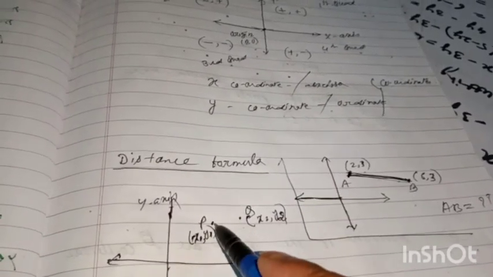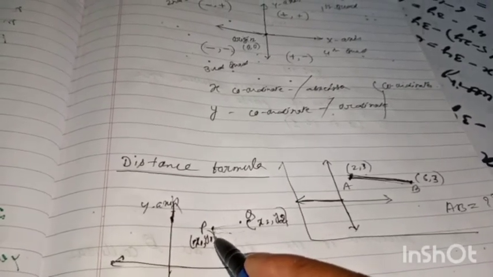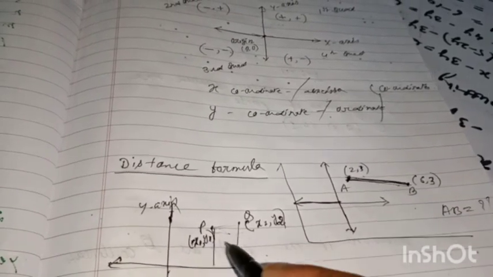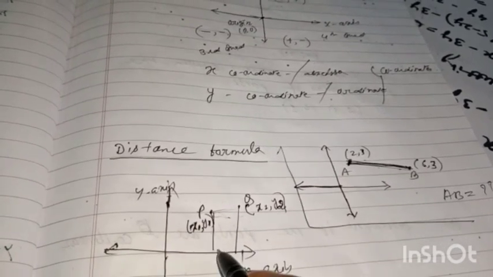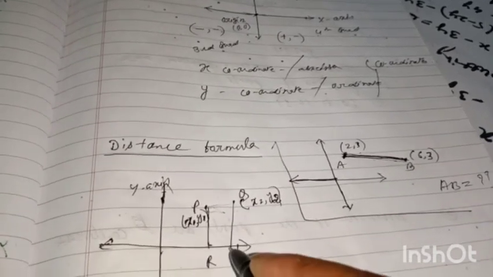Understood? You need to find the distance between these 2 points. Draw a perpendicular line from here and from here. These two are perpendicular lines on the x-axis, yes or no? Suppose this is R and this is S.